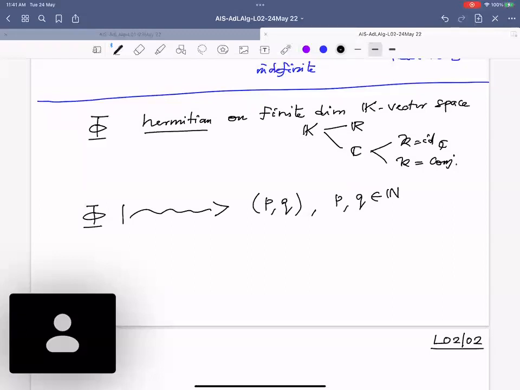And n is the dimension of V. And also the other integer is r, and r is the rank of phi, which by definition is the rank of the Gram matrix with some fixed basis.